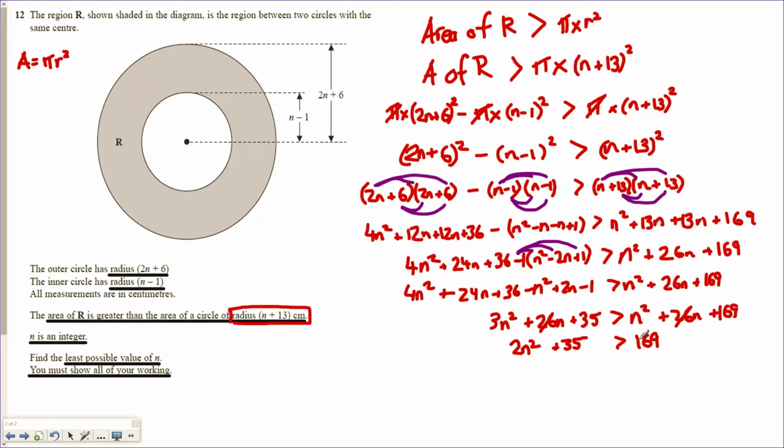Now I am going to subtract 35 from both sides. So I'm going to have 2n squared is greater than, so we've got to do 169 take away 35.